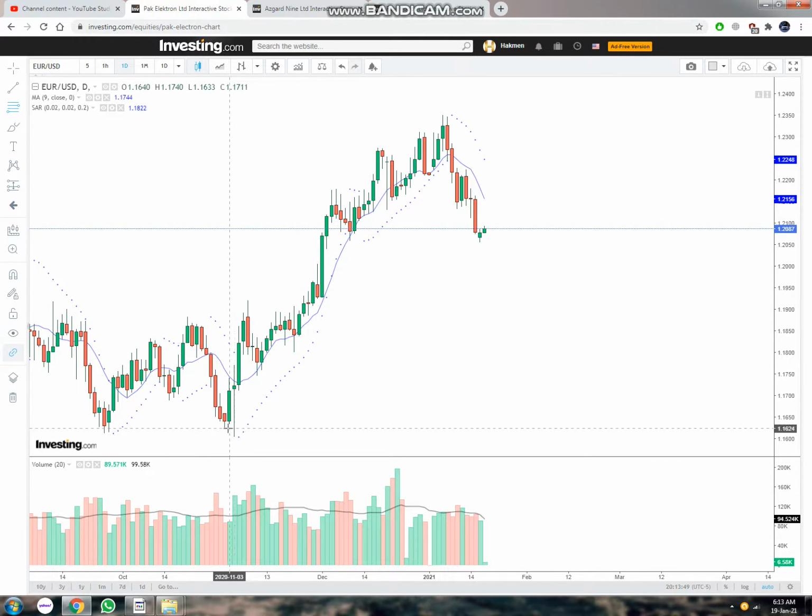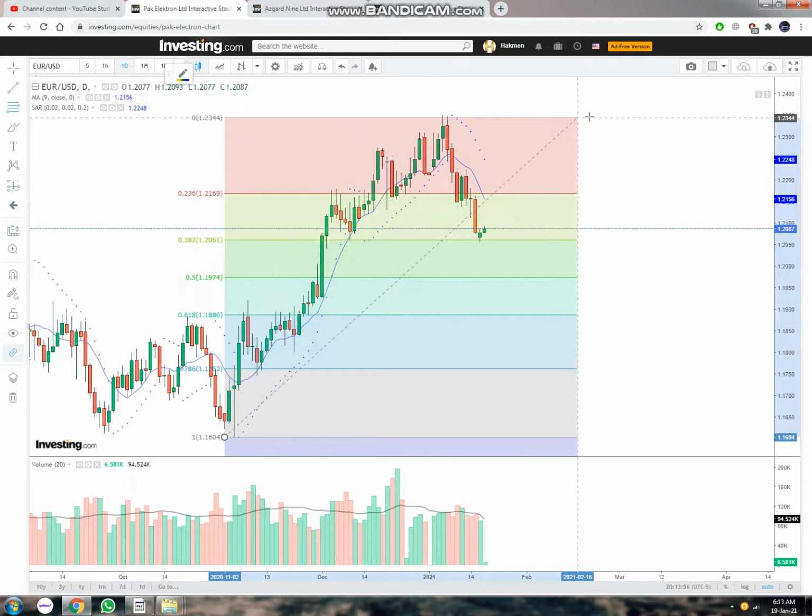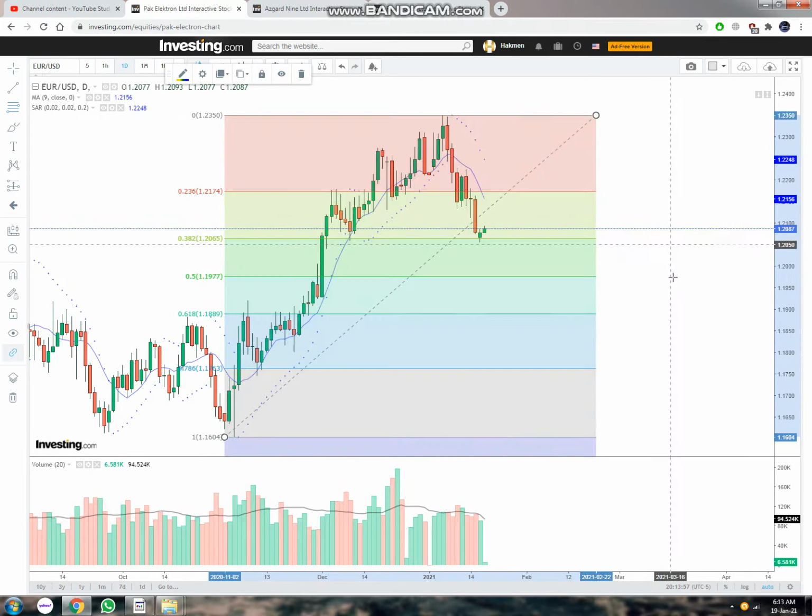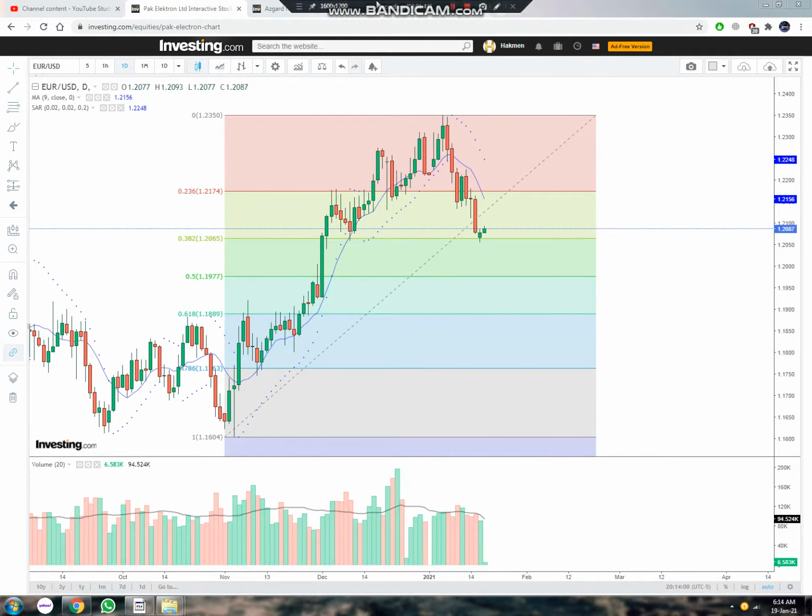Now if I plot a Fibonacci retracement, maybe from this level over here, we can take a look, as I showed in the previous video of mine, the technical analysis that I was doing for my stocks that I purchased and held.